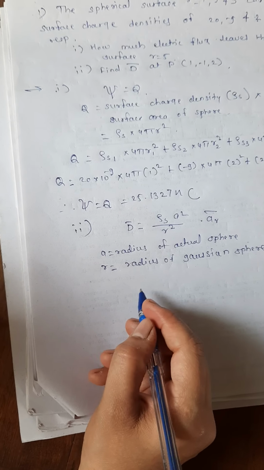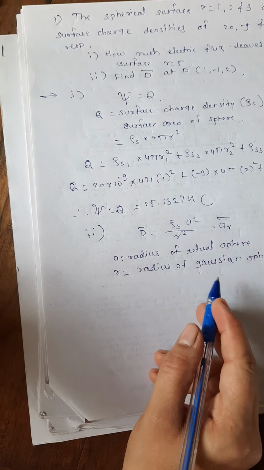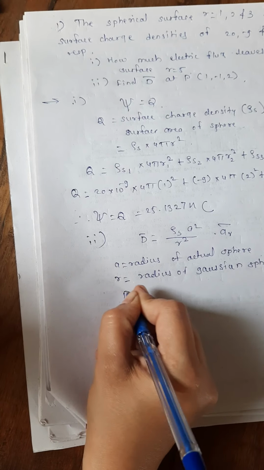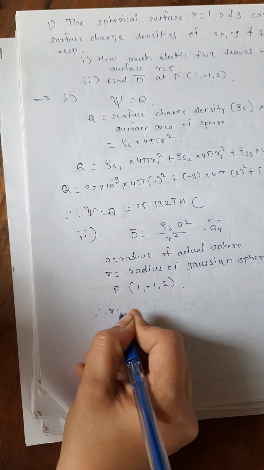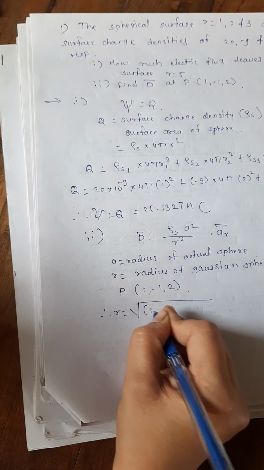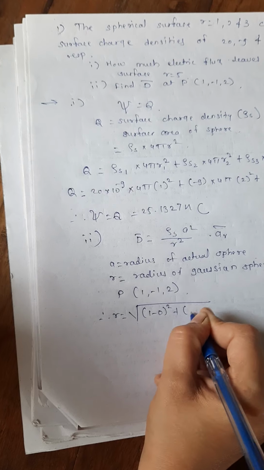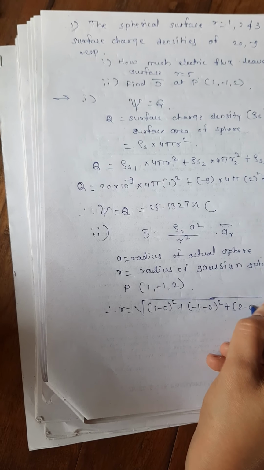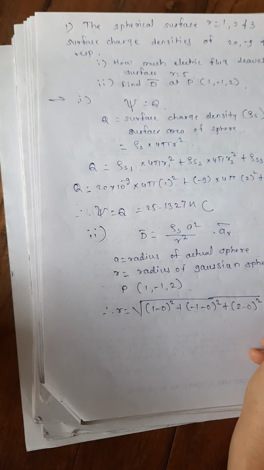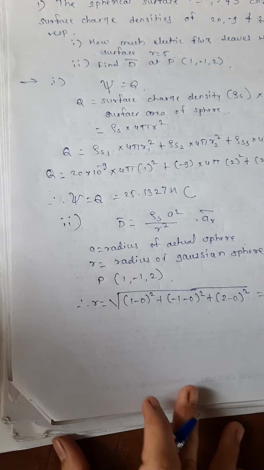Now in this case r is the distance of point P. Point P is (1, -1, 2). Therefore r is equal to square root of (1 minus 0) square plus (1 minus 0) square plus (2 minus 0) square. So it is 2.45 meter.